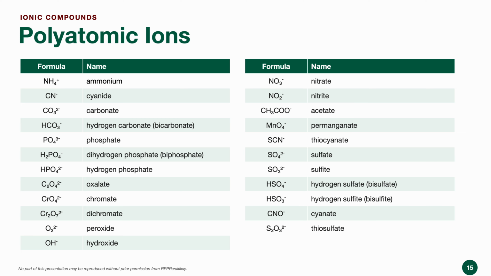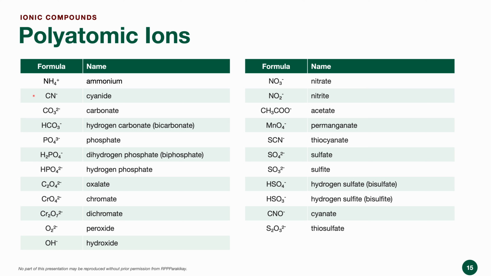So among the species, only ammonium, NH4+, is a cation, and the rest are anions. You should be familiar with the names of these. Also, I would like to emphasize some things. First, several ions come in acid, base, or oxidation state pairs.